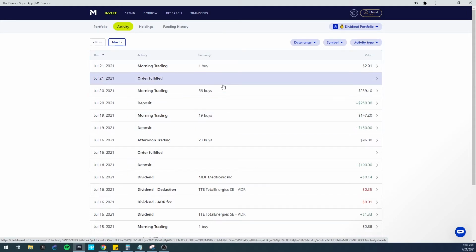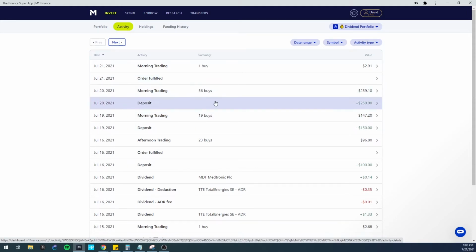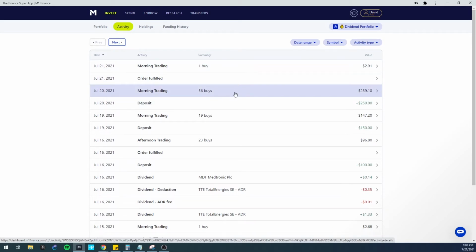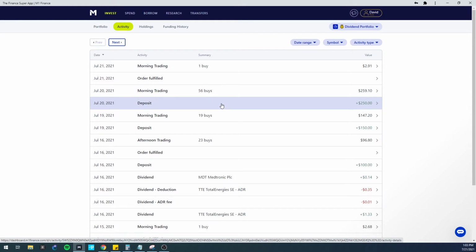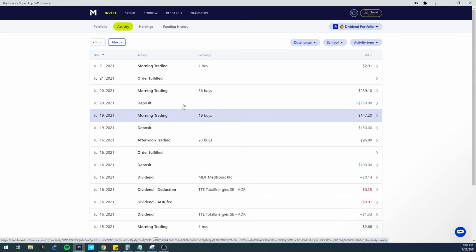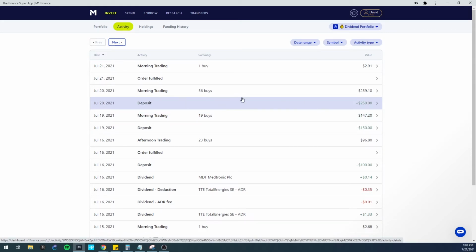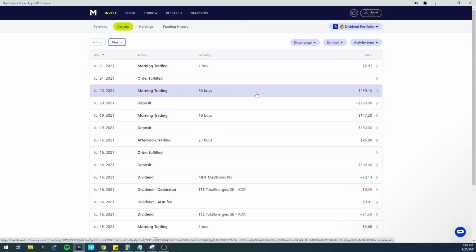So on Monday morning, my first deposit went through, $150. It was a very red day, and the market closed fairly red. So I went ahead and deposited another. This was a manual deposit of $250.